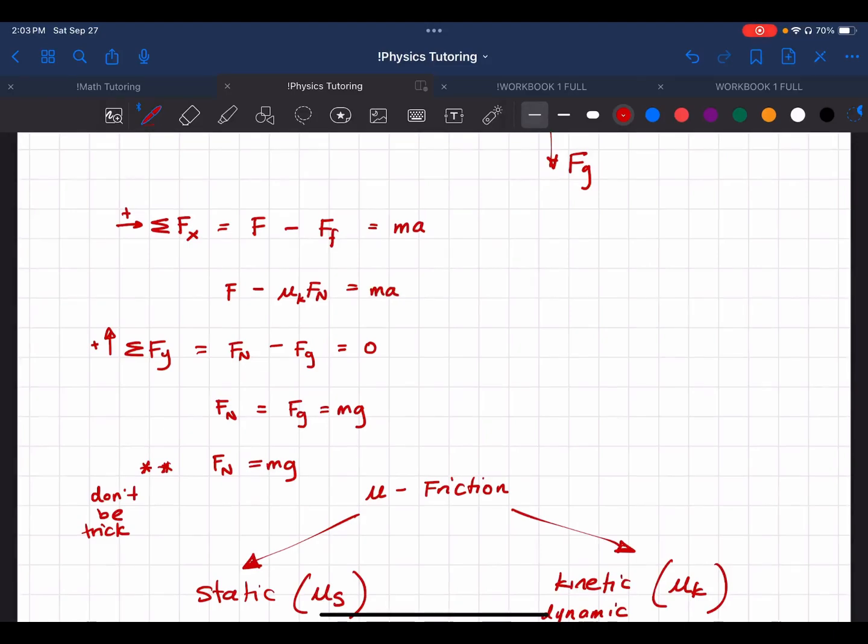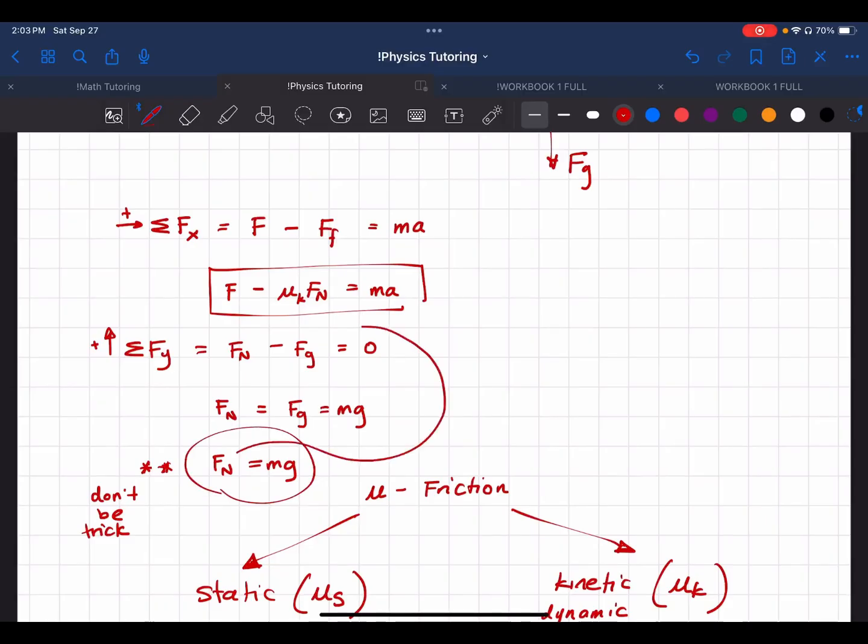Now what I can do is take this equation and plug in Fn. I'll turn it red and blue so y'all don't get confused. F minus mu k mg equals ma, divided by m. This is the reason why I tell you guys not to put numbers in yet. There's a lot of stuff that cancels out.